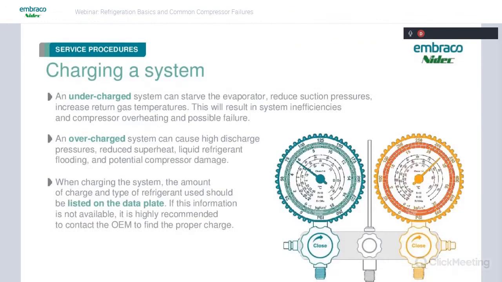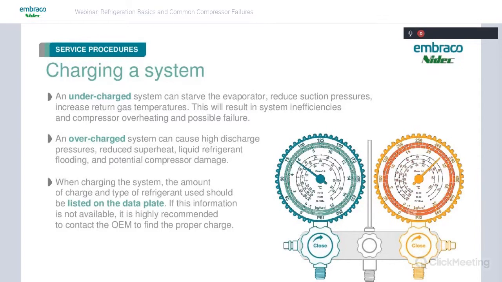So a little bit about some service procedures. When we're charging a system, an undercharged system is going to starve the evaporator, reduce suction pressures, and increase return gas temperatures, which is going to overheat the compressor, cause inefficiencies, and possibly cause a compressor to fail.